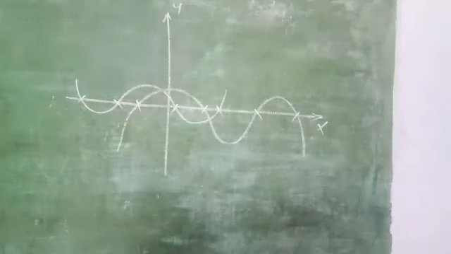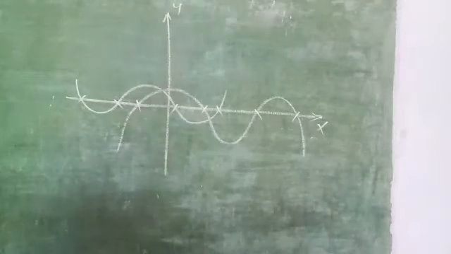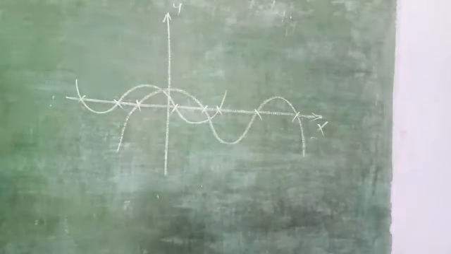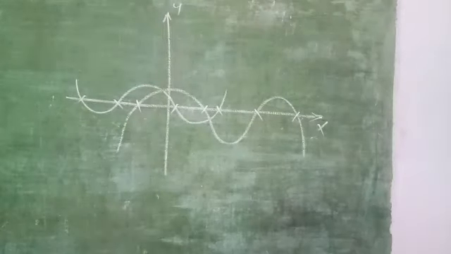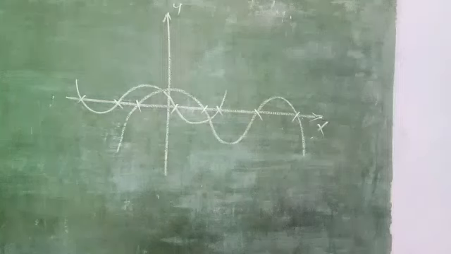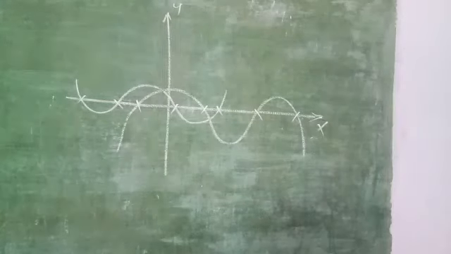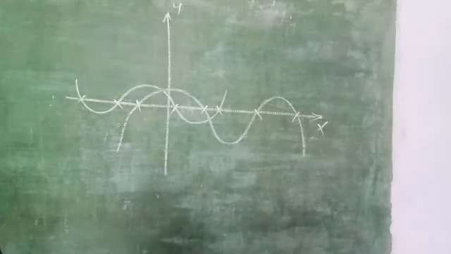So these are the shapes of the graphs of the polynomials. Let us recall the graph of the quadratic polynomial is of the form parabolic.